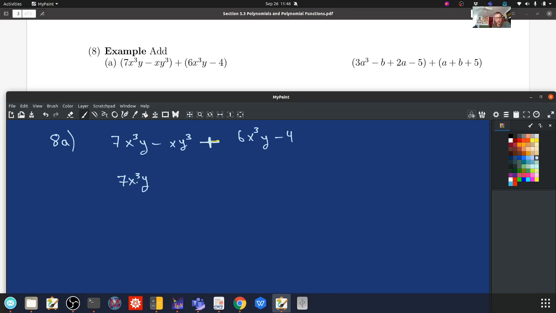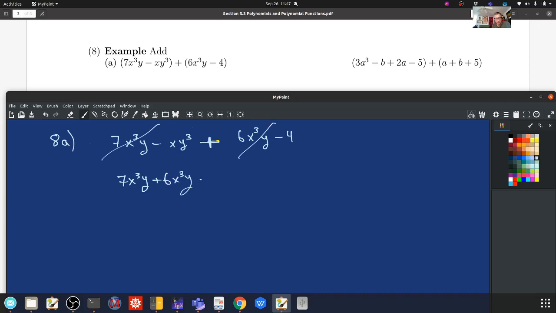What I'm looking for is a term with an x and a y where the x is cubed and the y is to the first power. So this has x and y, but the variables aren't raised to the same power, so that's not a like term. This one is, and the sign in front of it is plus. So I can mark out those two.